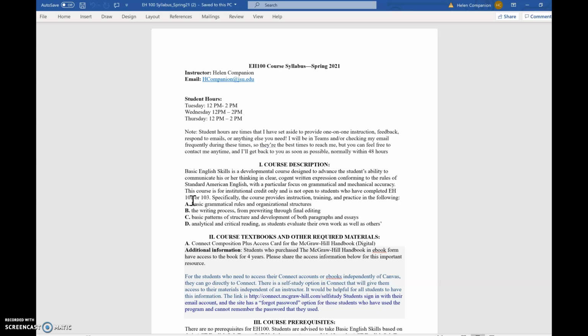It is only for institutional credit, and our main focuses are the basic grammatical rules and organizational structures, the writing process from pre-writing to final editing, basic patterns of structure and development in both paragraphs and essays, as well as analytical and critical reading.